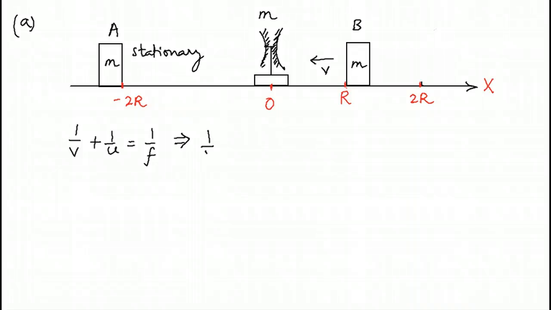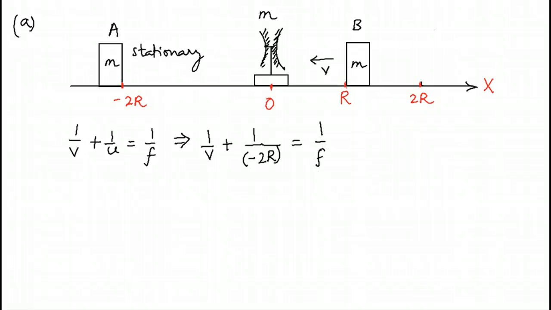So I'll write 1 upon v over here plus 1 upon u, where u is the coordinate of the object, and the object is A. The pole of this mirror is of course the origin, and with respect to the pole, the object's coordinate is minus 2r. So u is minus 2r, and that's equal to 1 upon f.